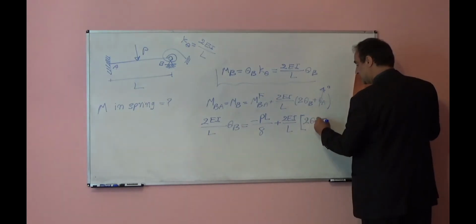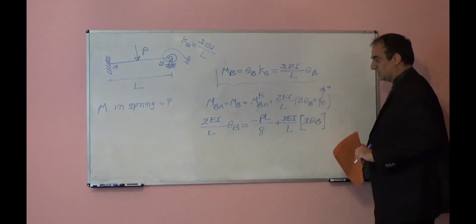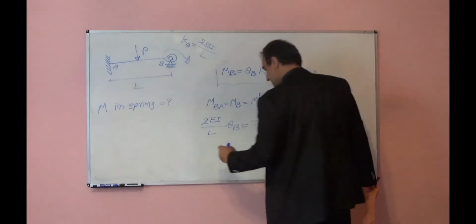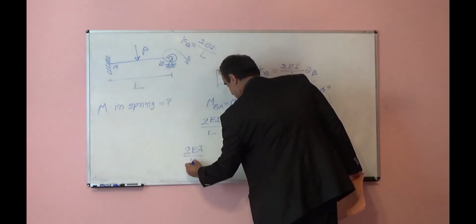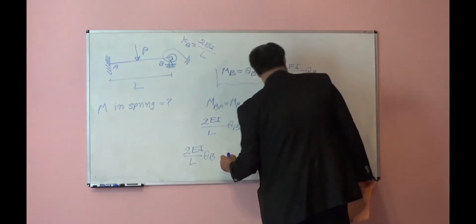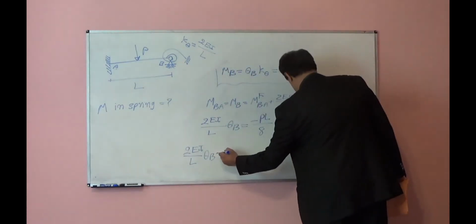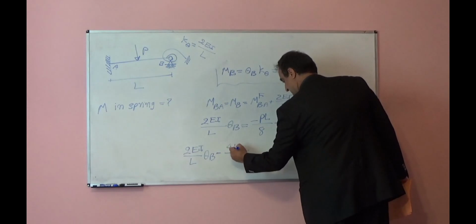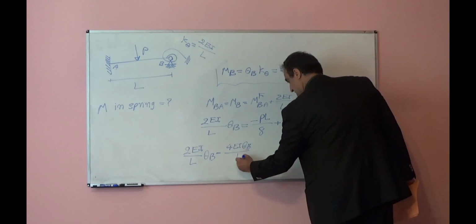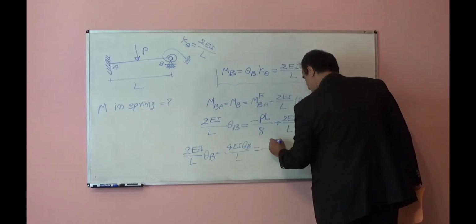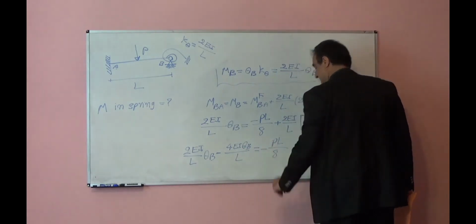From here I can write 2EI over L theta B minus 4EI theta B over L is equal to negative PL over 8.